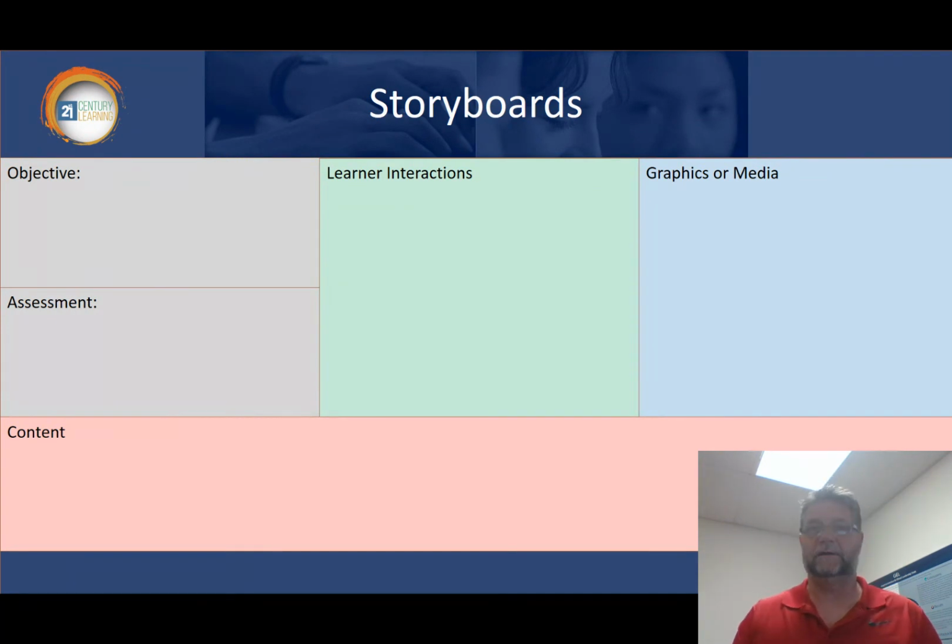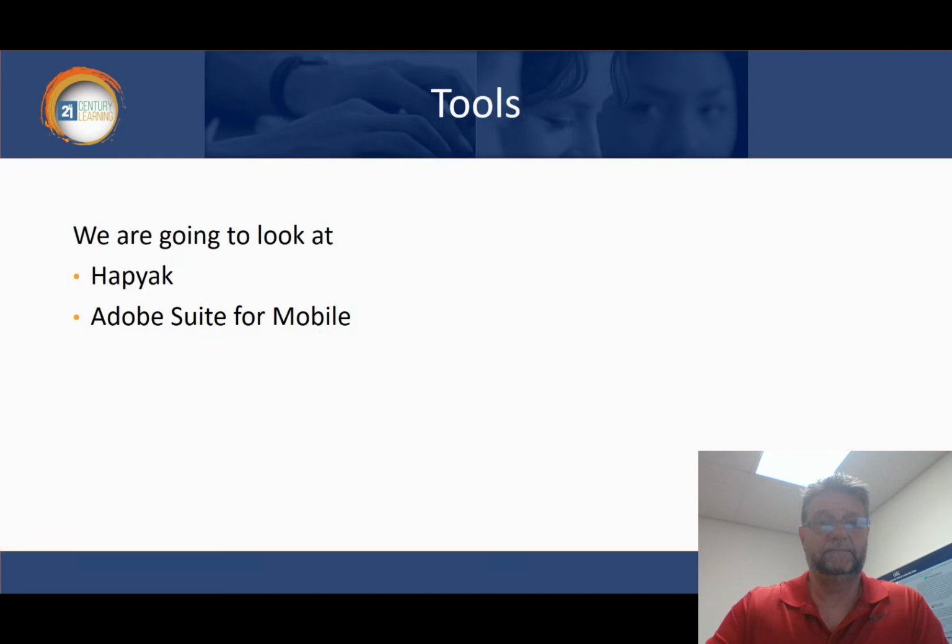Feel free to just use a simple 3-column format in Word where it says objective, interaction, graphic, or content, interaction, graphic. There are plenty of examples where people did it by hand. I happen to like it on PowerPoint, so I can store it to the cloud and always have it wherever I need it. That's just one option.